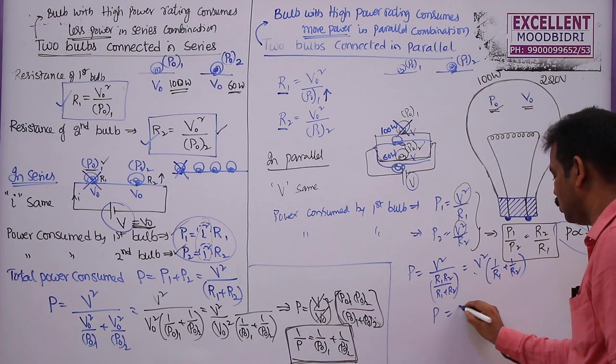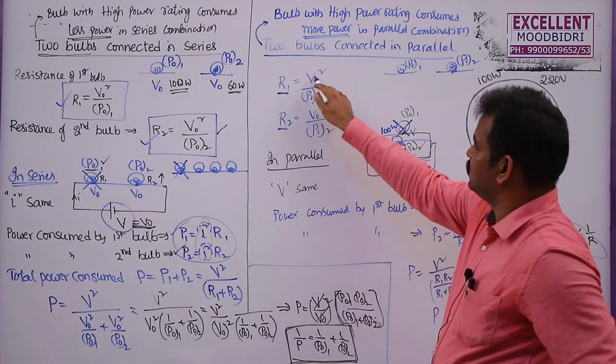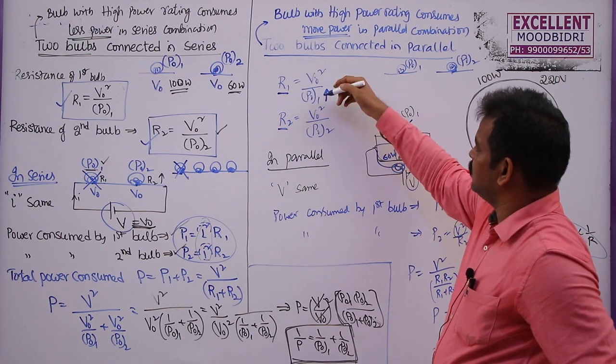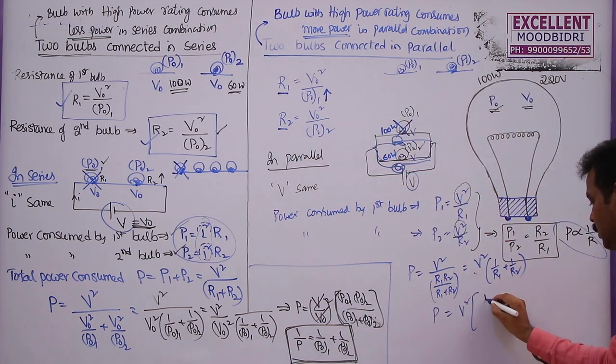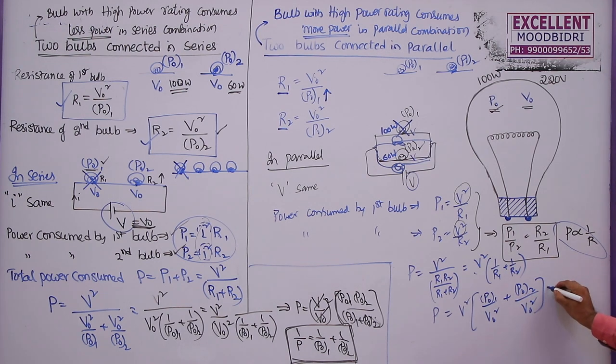So the total power is equal to V square into 1 by R. Here we have R1 as this much, so 1 by R will be the reverse of this, P naught 1 by V naught square plus P naught 2 by V naught square. So you can write this as V by V naught whole square, and the remaining terms in the bracket will be P naught 1 plus P naught 2.